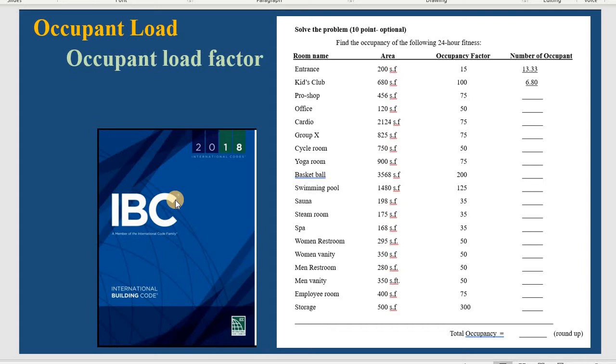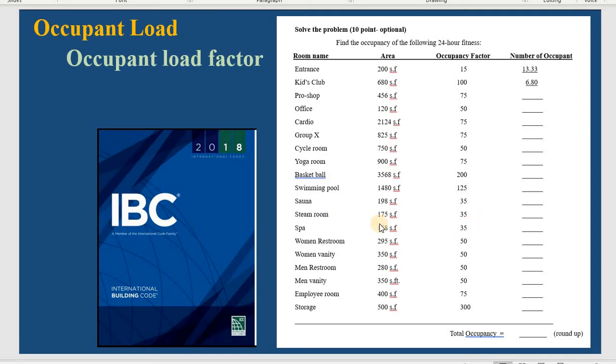For example, on the right side, you can see the occupant load factor 150. That means they let you know that in the office, one person needs 150 square feet of area around them so they can work. And for example, in the steam room, you need 35 square feet for one person.